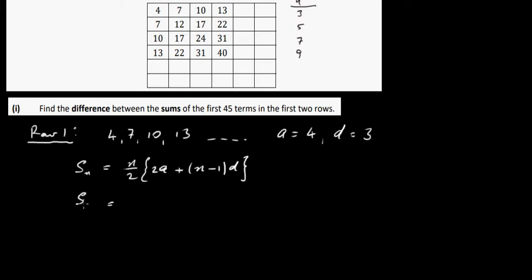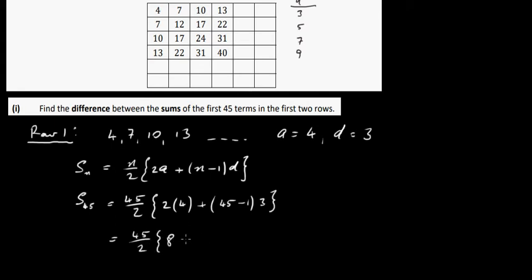So we're looking for S45. n is 45, so we want 45 over 2, times twice the first term, which is 4, plus n minus 1, which is 45 minus 1, times our common difference, which is 3. So we get 45 over 2 times 8 plus 44 times 3, which is 132.